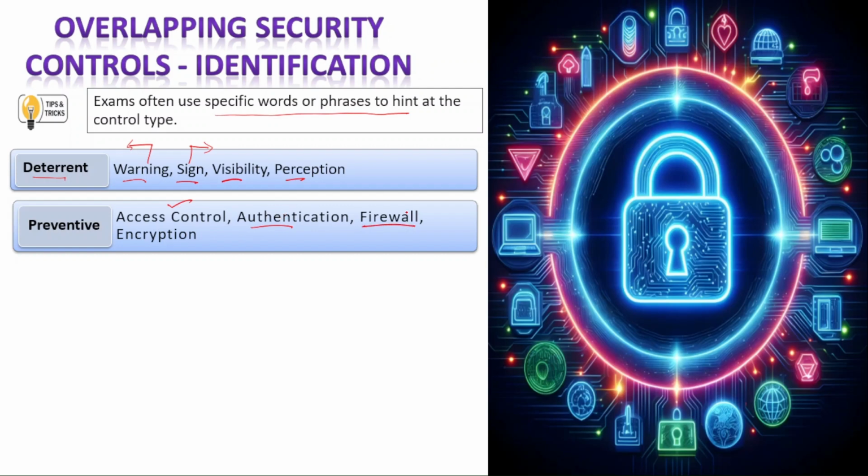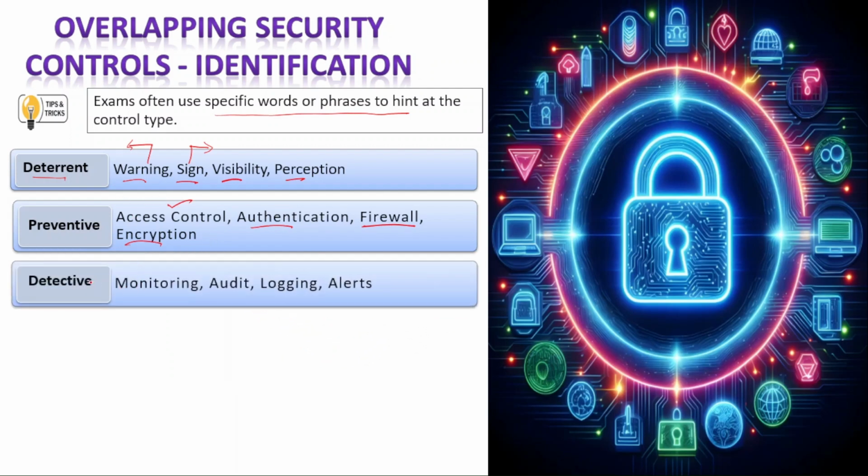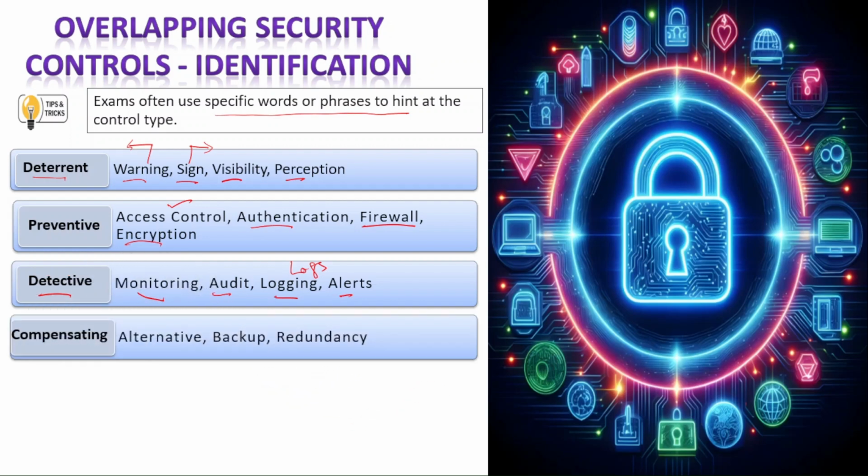Again, the firewall is basically used to prevent unwanted traffic, and again encryption is used to prevent unauthorized access to sensitive data. And when you see words or phrases containing words like monitoring, audit, logging, or logs, alerts, then these types of controls are basically detective.